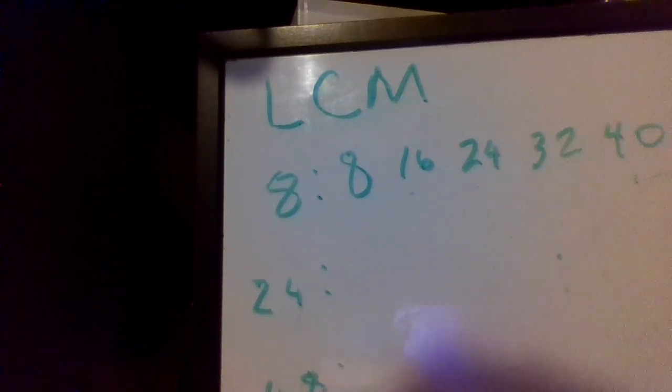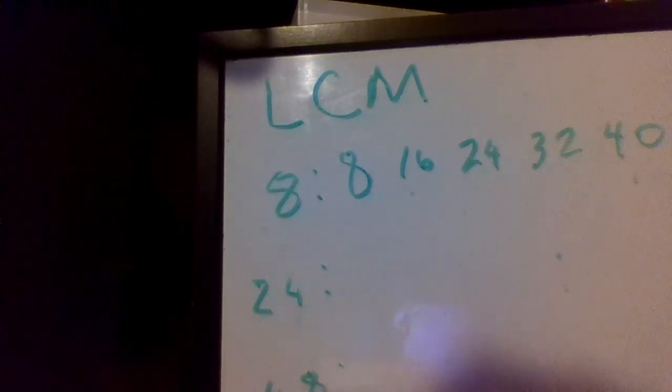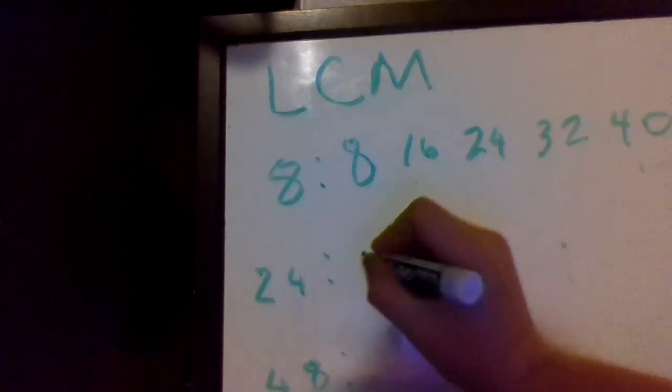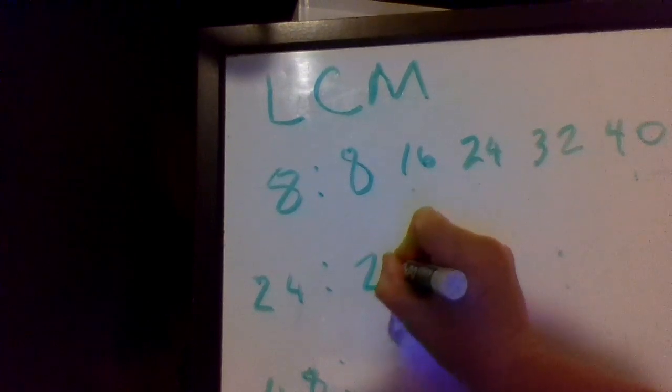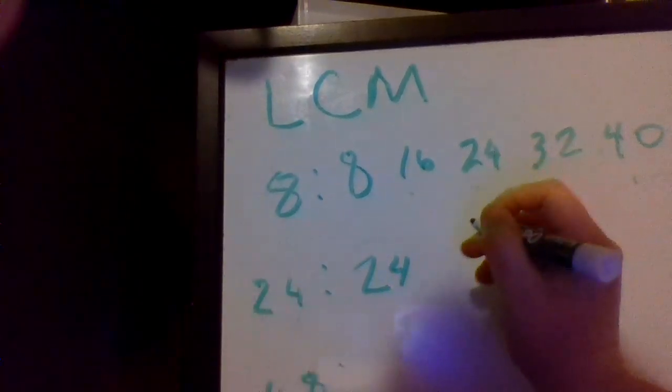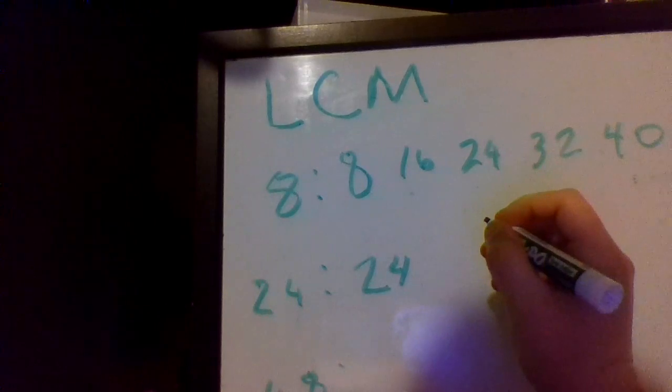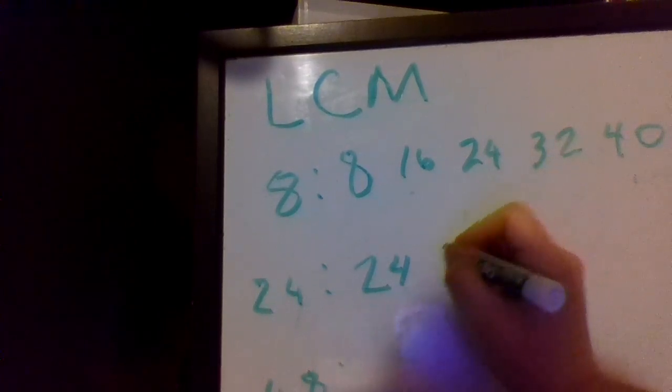Okay, so now look what's going to happen. This is going to get really easy, really fast. So there's always light at the end of the tunnel. You just gotta be patient. So 24 times 1, anything times 1 is that number. So it's 24. And then 24 times 2 is 48.